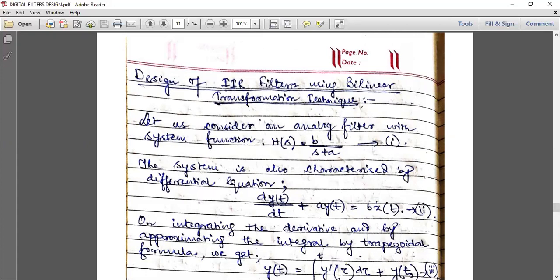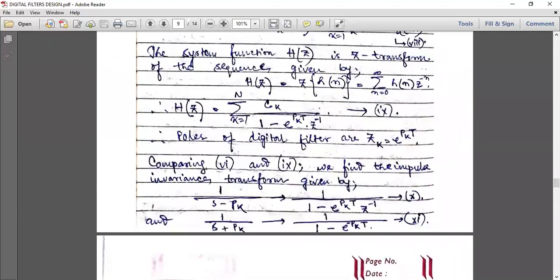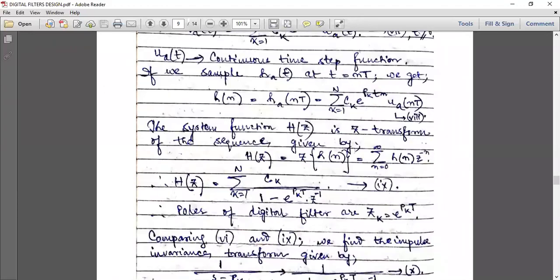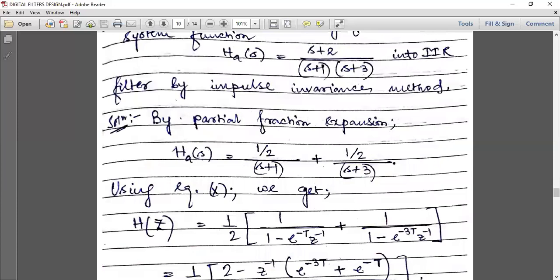This impulse invariance method is appropriate only for band limited signals, because in this method, a strip in the S plane between ohm equal to (2k minus 1) pi by T and (2k plus 1) pi by T, the general range, is mapped completely into the Z plane.